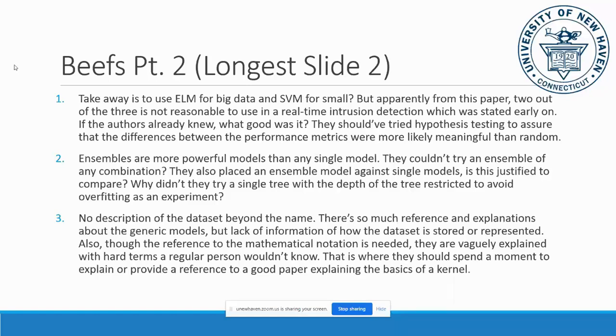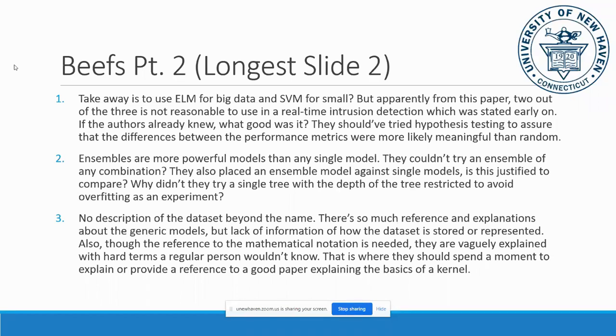If the authors already know what a neural net can do for larger data and an SVM for smaller data, I think it would have been more helpful if they tried some sort of hypothesis testing to validate that their conclusion is not just a conclusion, but has meaning and some heavy work behind it.